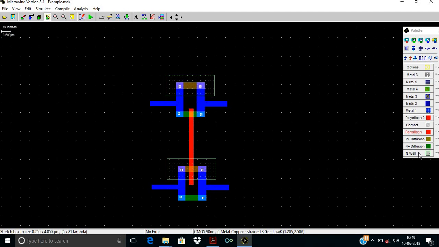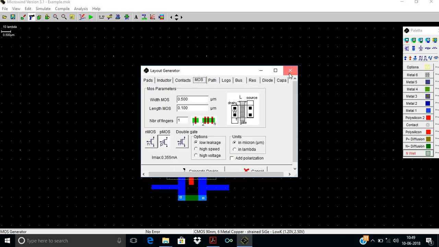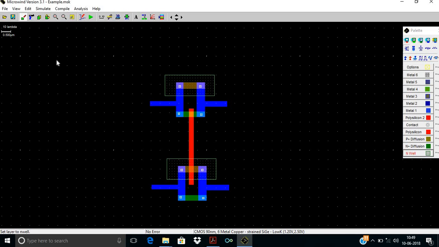Now draw the inverter again. You can take a ready-made inverter also, by using the MOS generator. But here we will draw it.